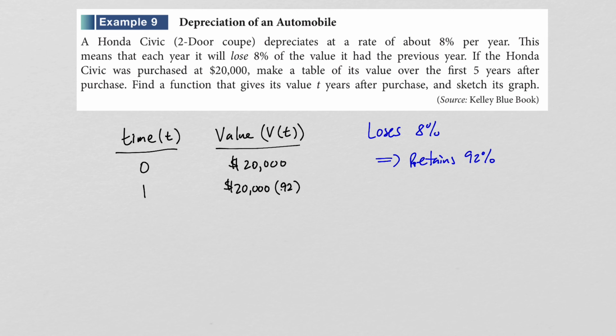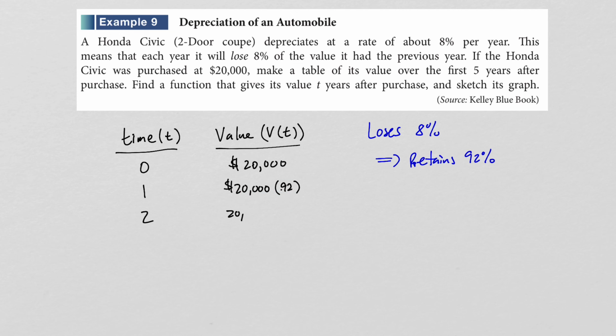Now let's think about how much it will be worth after the second year. Well, after the second year, it's going to lose 8% again. So at the end of the first year, this is how much it is worth, and now it's going to retain 92% of this value.